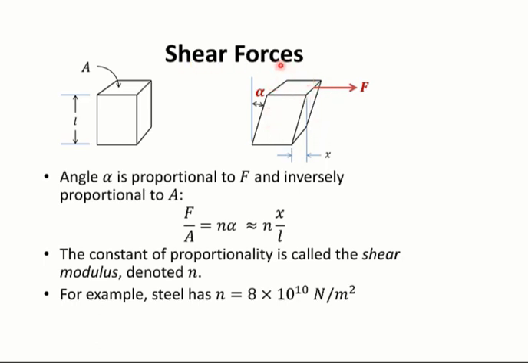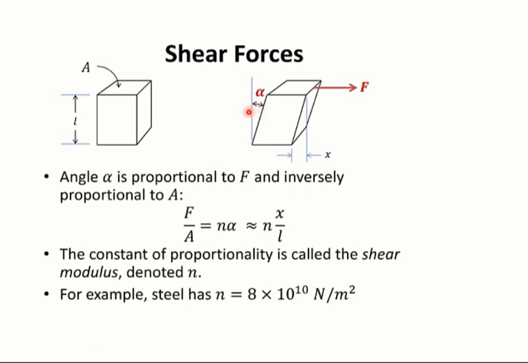Okay, now again, the shear stress, which is the force F here divided by the area of this surface here, will be proportional to this angle, as you can see. So if you apply a larger amount of force, this angle will increase, right?